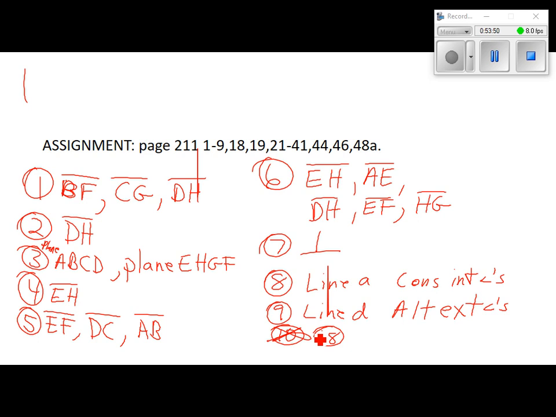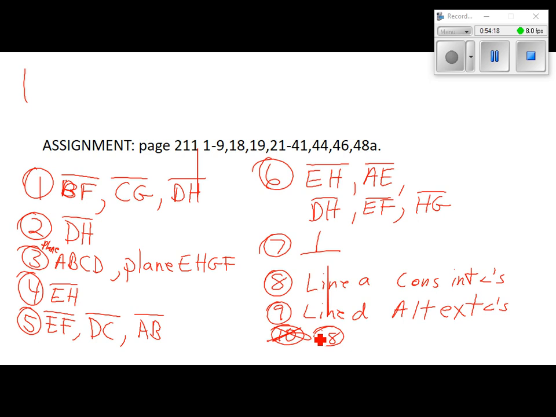So what you want to do is cover up the whole bottom, and just look. What's our transversal this time? Line L is our transversal, so we want to cover up all that bottom stuff. What kind of angles are 3 and 10 to each other, Dustin?